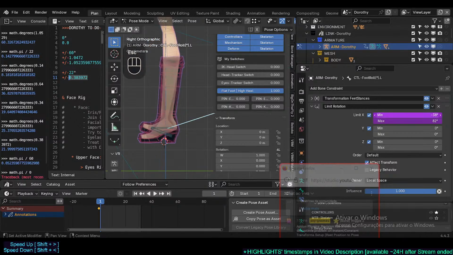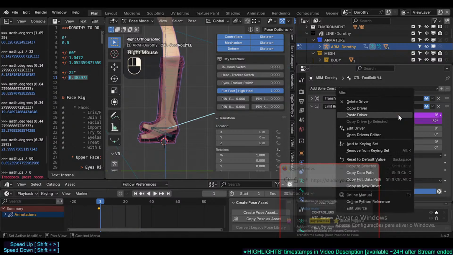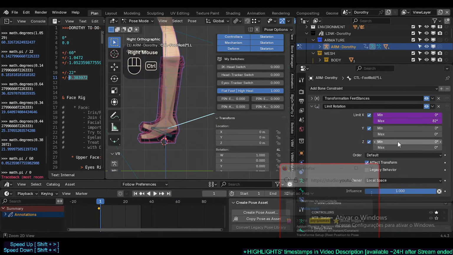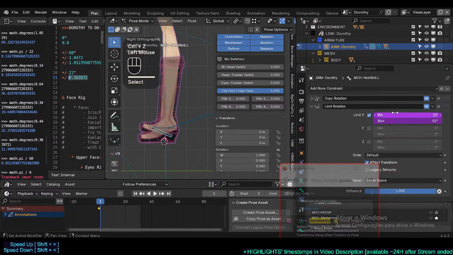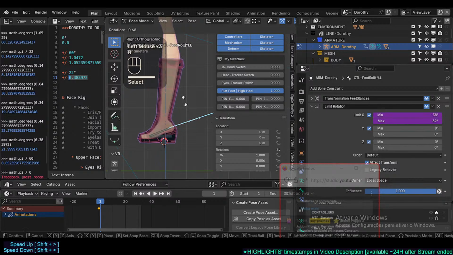So maybe this one needs to be a constant. No, I'm deleting. Yeah. Because this is a heel.